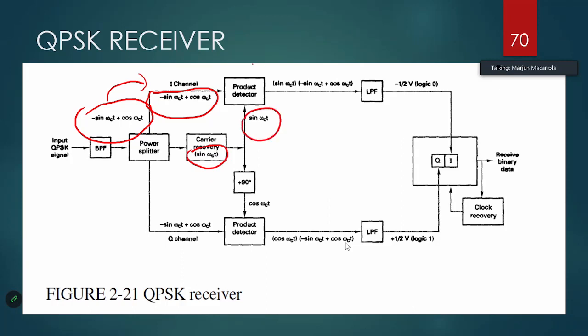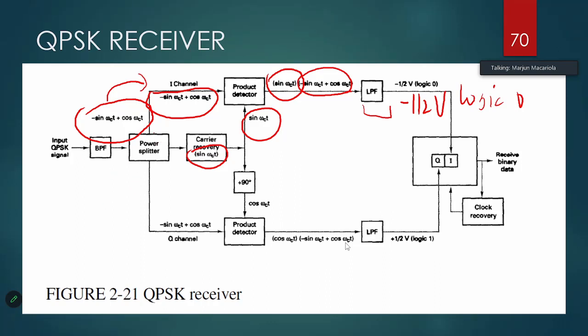So the output is the product of negative sine omega CT plus cosine omega CT, multiplied by sine omega CT. Then, after passing the low pass filter, ang magiging output niya ay negative 1/2 volt or logic 0. Okay? So later on, we're going to prove that.